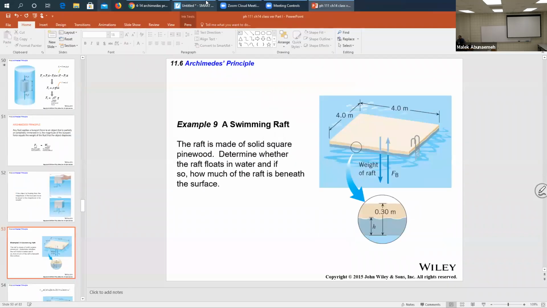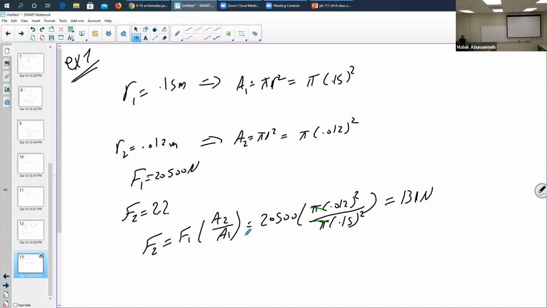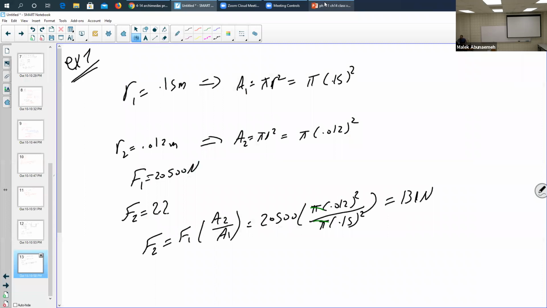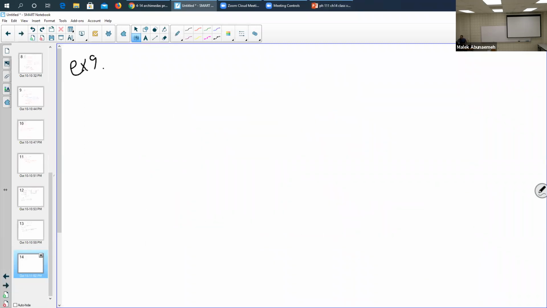So your volume, and again, this is question number 9. Your length is 4, your width is 4 meters, and your height is 0.3 meters.